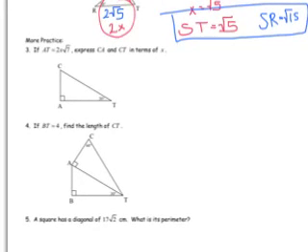And if AT is 2x square roots of 7, find the other two. So label x root 3 and 2x. Okay, so I know 2 pieces of information right here.